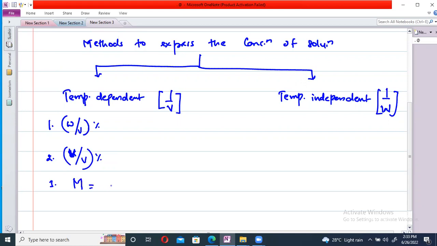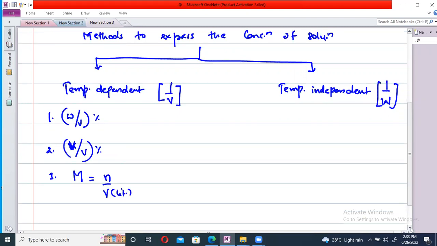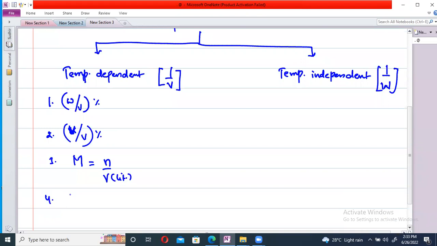Capital M is called molarity, number of moles by volume in liters. Volume is in the denominator, so it is temperature dependent. One more, normality, that is the number of gram equivalents by volume of the solution in liters. As the volume is in the denominator, it is also temperature dependent.